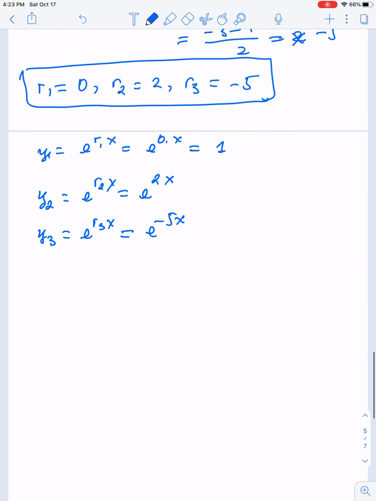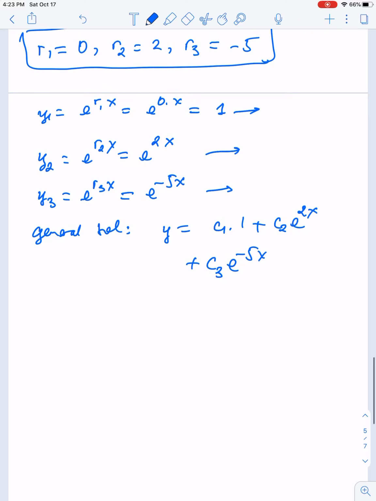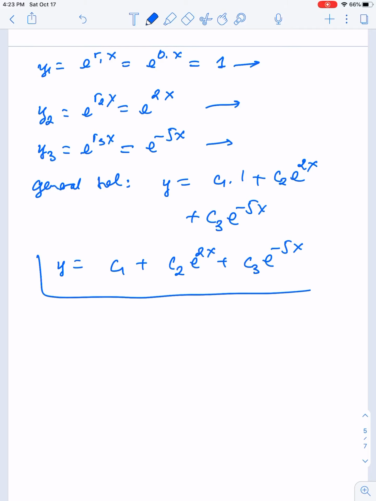And then the general solution is the linear combination of these 3 functions, right? Okay, so just c1 times 1 plus c2 e^(2x) plus c3 e^(-5x). And we can rewrite it a little bit simpler: c1 plus c2 e^(2x) plus c3 e^(-5x). And this is the general solution of the equation.